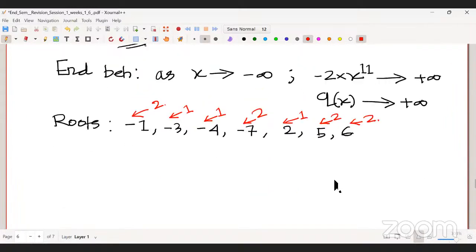So now more or less we are ready to draw the graph of this polynomial.